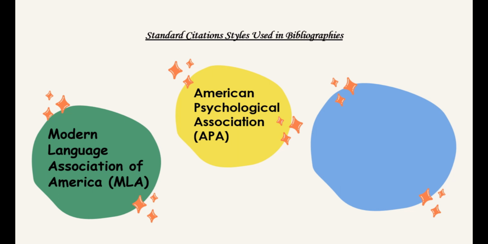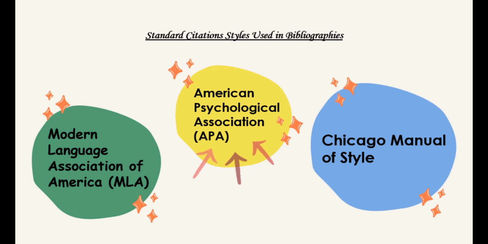It is frequently used in the social sciences to cite sources like psychology, education, sociology, and the like. And the last, the Chicago Manual of Style. It is more frequently used in literature, history, and the arts. In this lesson, we will adhere to the APA's 7th edition standards for bibliography information formats. This style has a defined format for entries in the reference list and within the text.